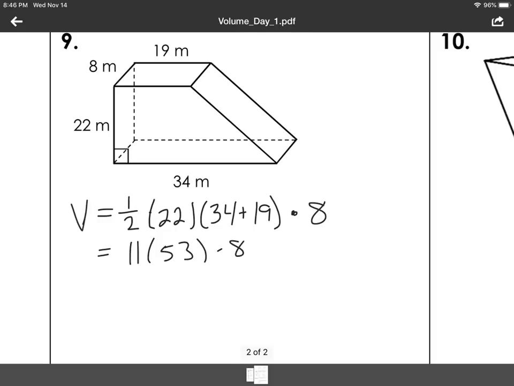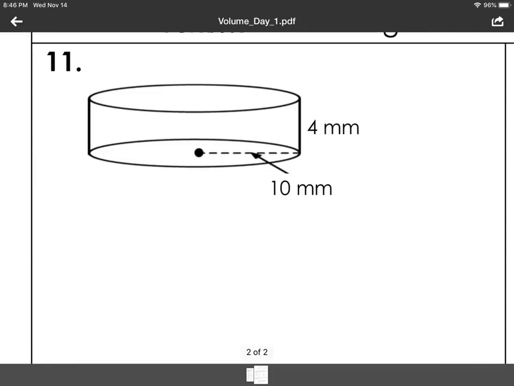So if I take 11 times 53, I get 583, and I'm going to multiply that by 8 because that's the height of our prism. In the end, we end up with 4,664 meters cubed.